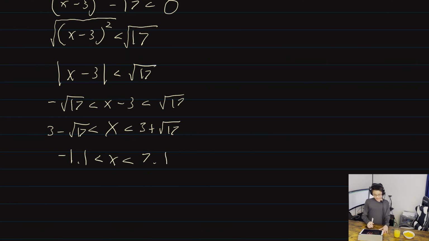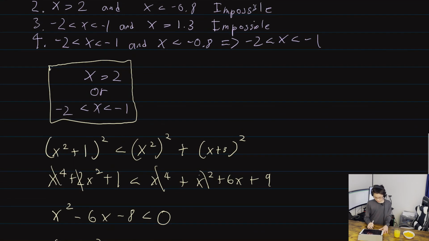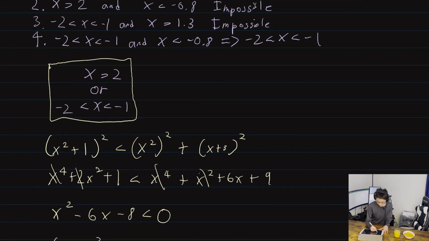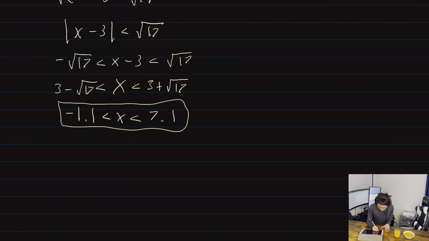Now we could get what we have right here and combine that with what we had here. Let me just box it again, because why not? And yeah, so we have x is greater than 2, and we have what we have here, so negative 1.1 is less than x, and x is less than 7.1.